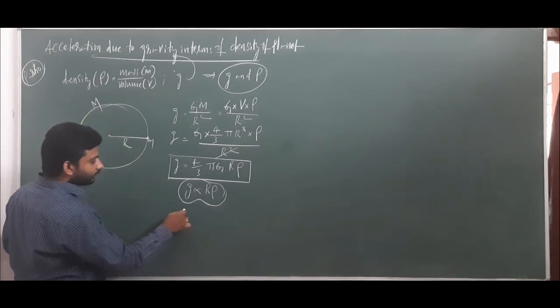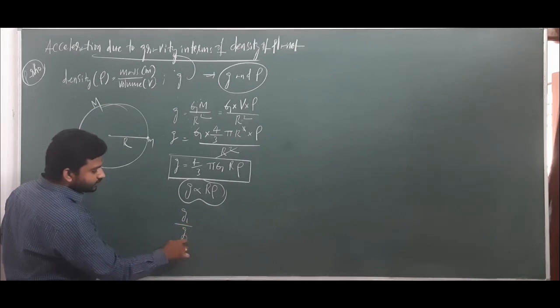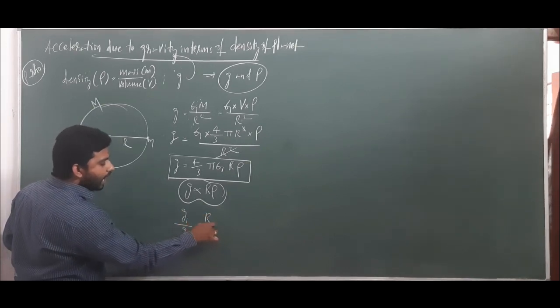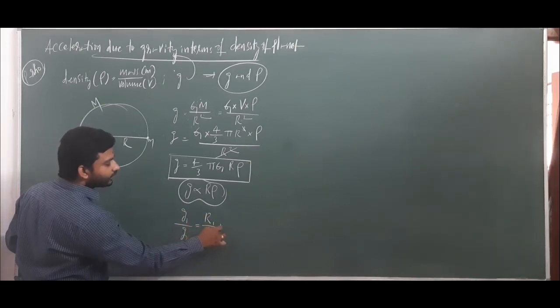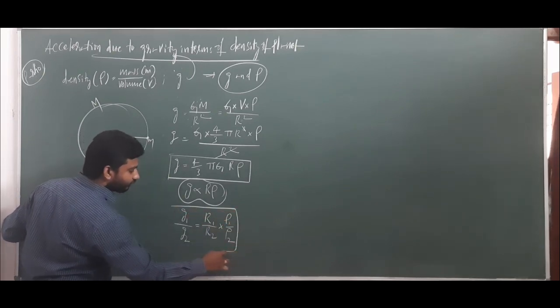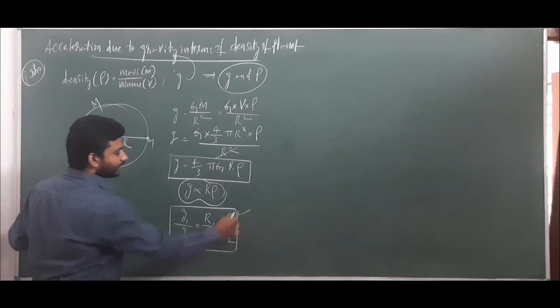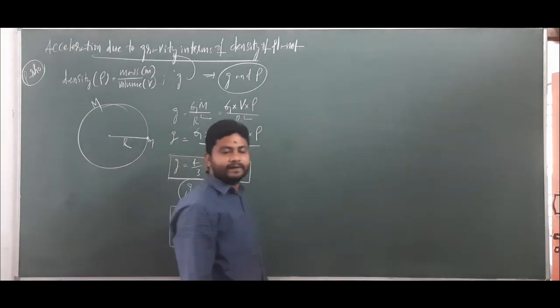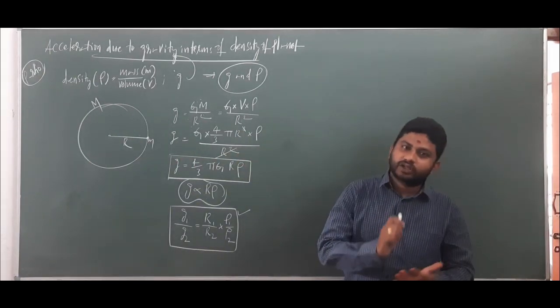So from this you can write g1 by g2 is equal to R1 by R2 into rho1 by rho2. This is a very important formula while solving numericals. Got the point? Clear? Sure?